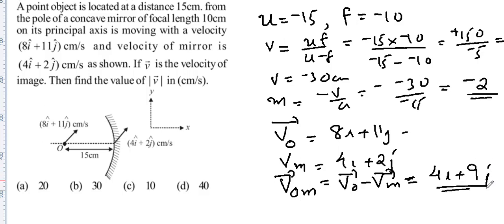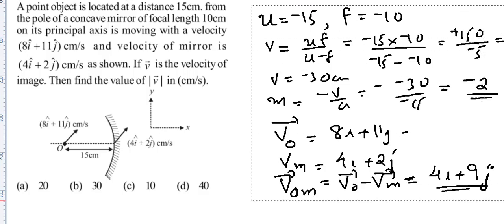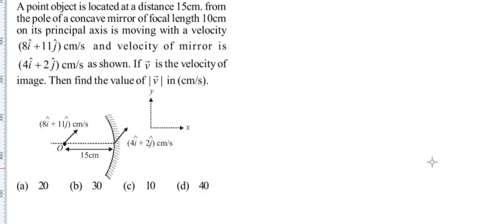So this is the velocity with which the object is approaching the moving mirror, 4i plus 9j. Right. Keep that in mind.